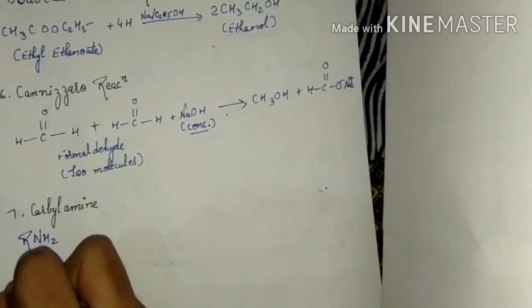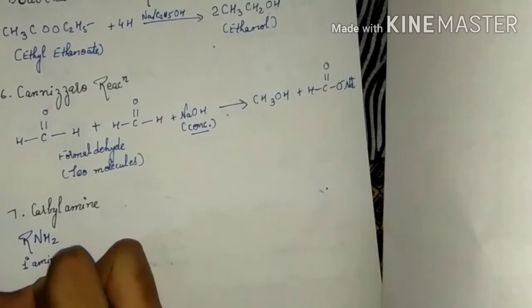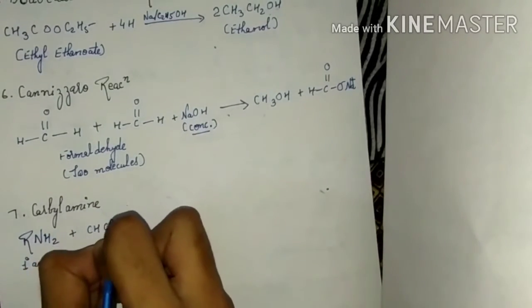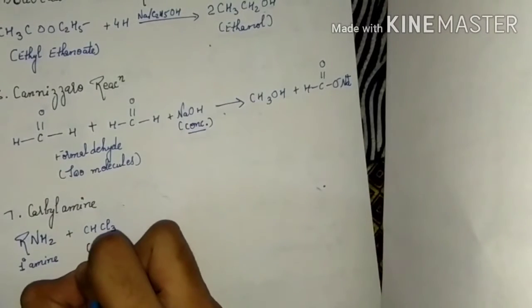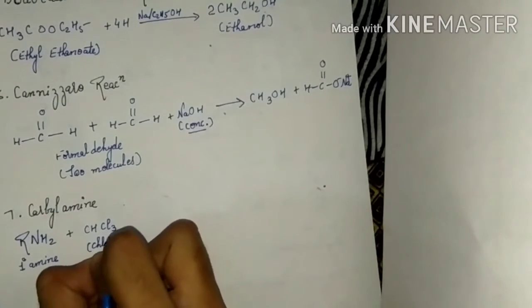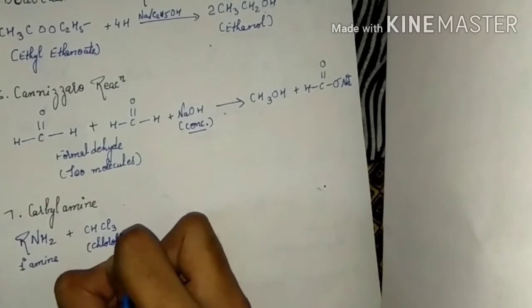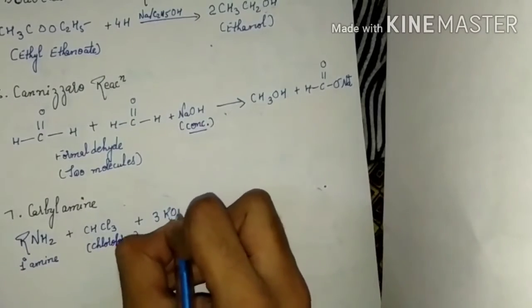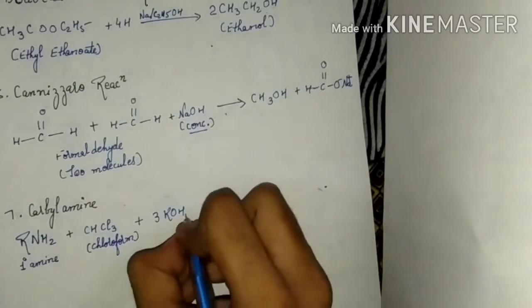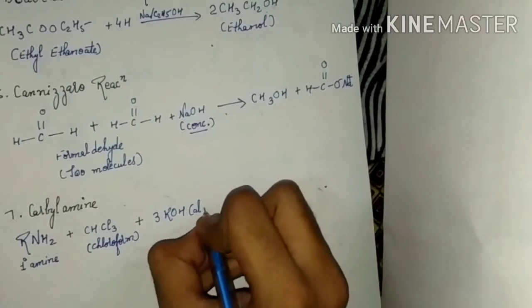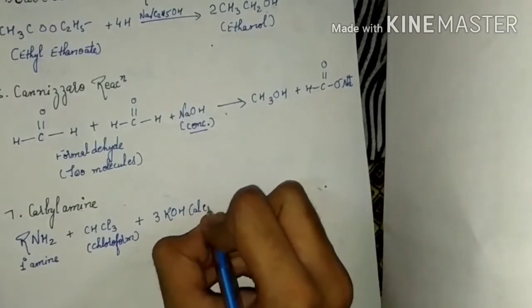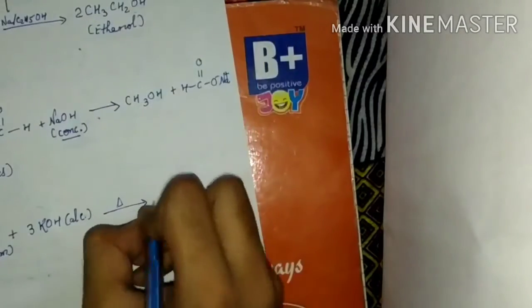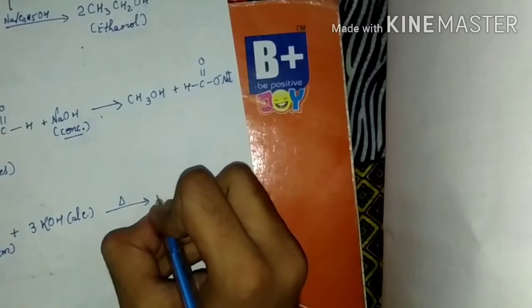Okay, so this is a 1 degree amine plus chloroform, CHCl3. This is chloroform, plus 3 molecules of potassium hydroxide, which is alcoholic, gives on heating an isocyanide.